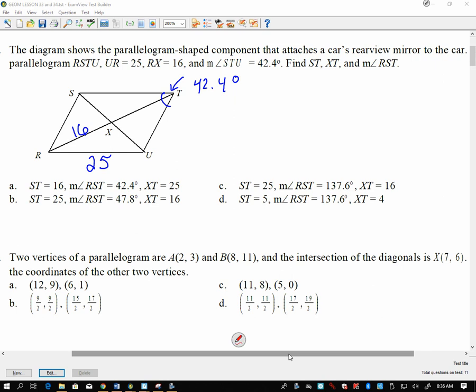What is ST? What is ST right there? Katie, what is the length of ST? That's this line. 25, right? Because what? How do you know that? Because it's a parallelogram, and what do we know about parallelograms? Be more specific. What you learned, 4 rules. Can you tell me which rule tells you that ST is going to be 25?